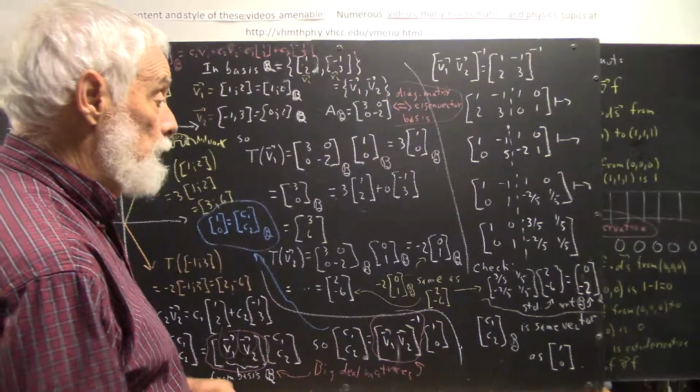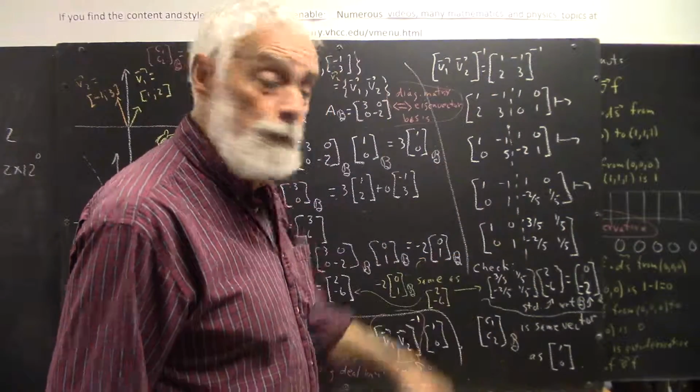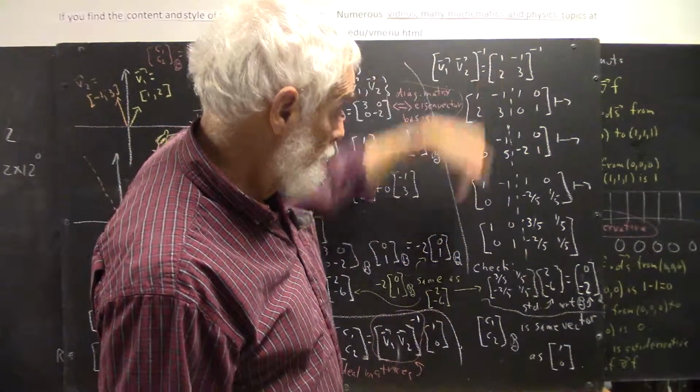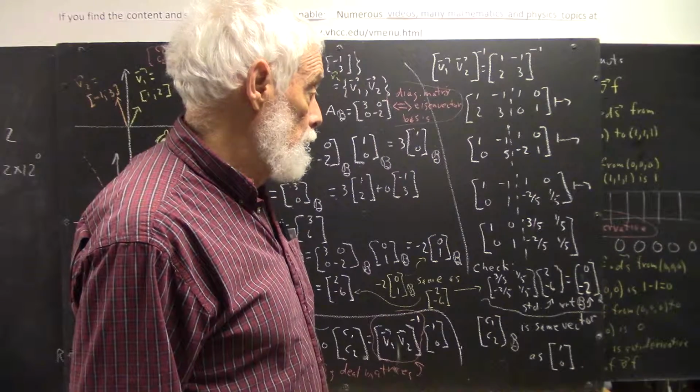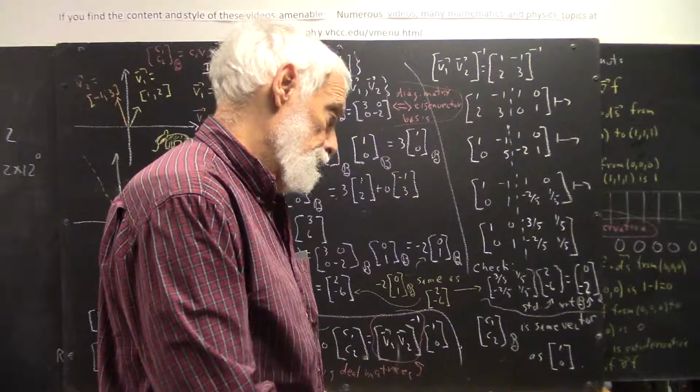Once more, big deal. Now over here, I just simply invert the matrix where the columns are the basis vectors. I inverted it, I checked it, and then I made some connections.